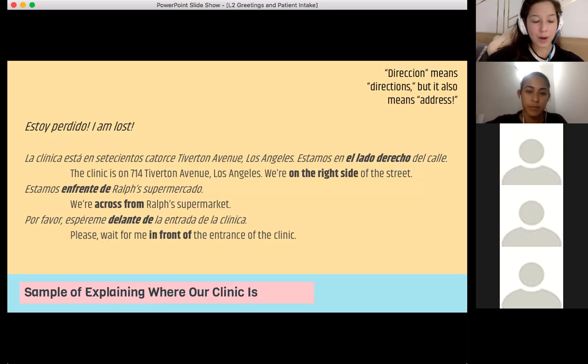And if you want to tell the patient to wait for you at the entrance of the clinic, you'd say, por favor, espérame delante de la entrada de la clínica. And yeah, that's our address of our clinic too. But those are more reference slides for you guys to show you that these words can be used in many situations.